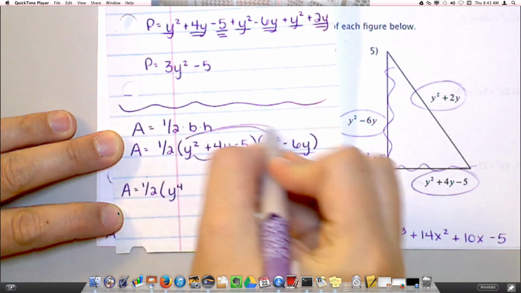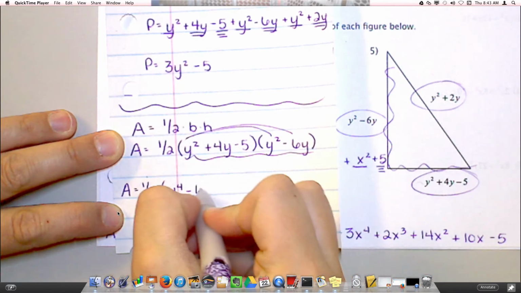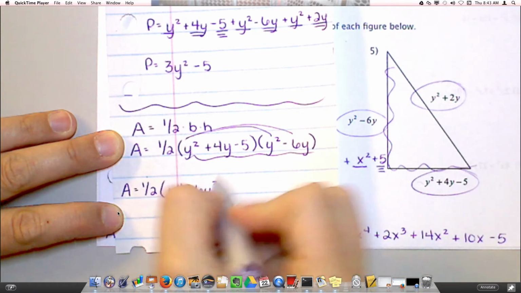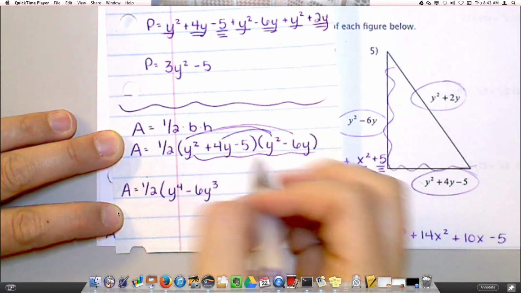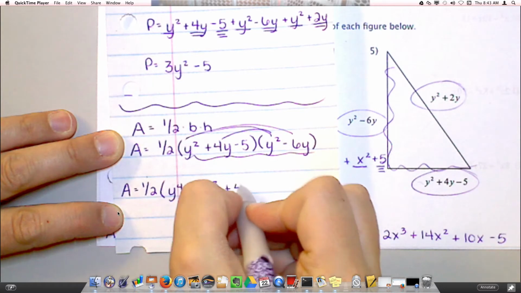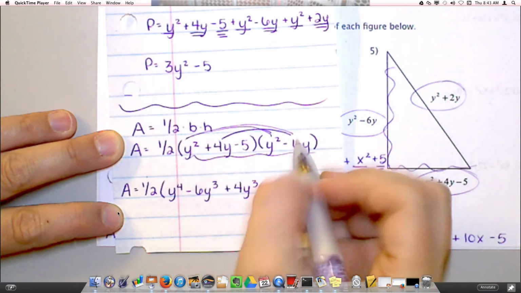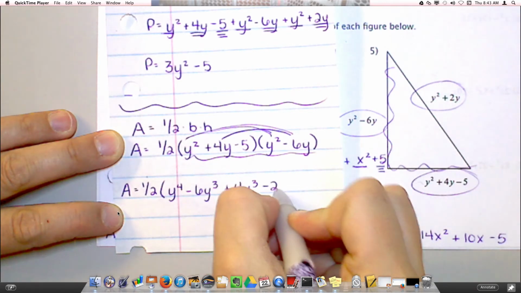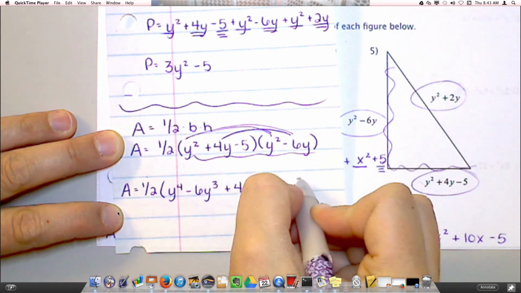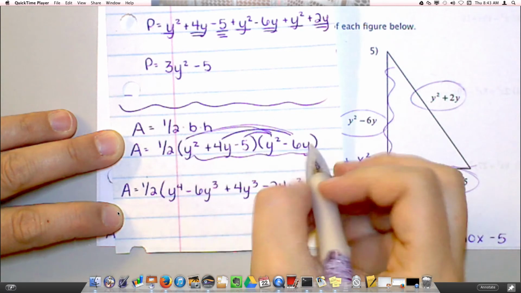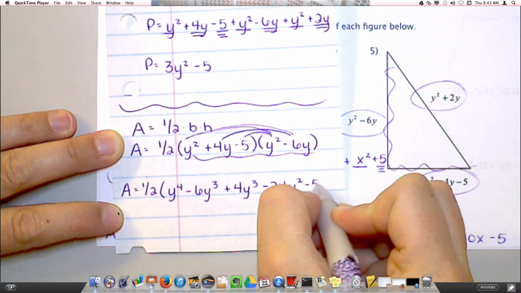Y squared times negative 6y is negative 6y to the 3rd. 4y times y squared is 4y to the 3rd. 4y times negative 6y is negative 24y squared. Negative 5 times y squared is negative 5y squared.